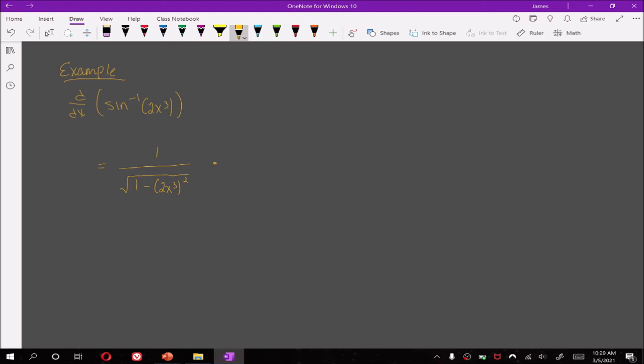Then chain rule dictates we have to multiply by the derivative of 2x cubed. Simplifying all this, we get 6x squared over the square root of 1 minus 4x to the 6th. Let me just rewrite this. And there it is.